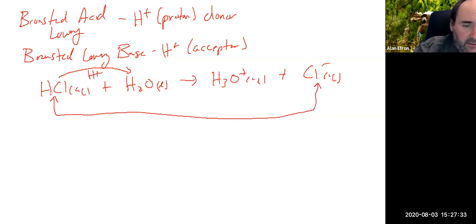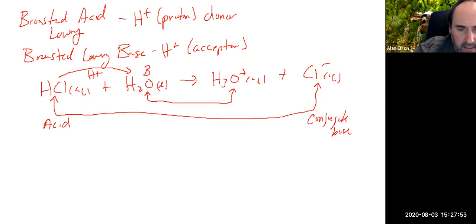This is our acid over here. Its partner on the other side, as we talked about, is the conjugate base. Now, on this side, since the water is accepting the H plus, the water is acting as our base, and its partner on the other side is the conjugate acid.